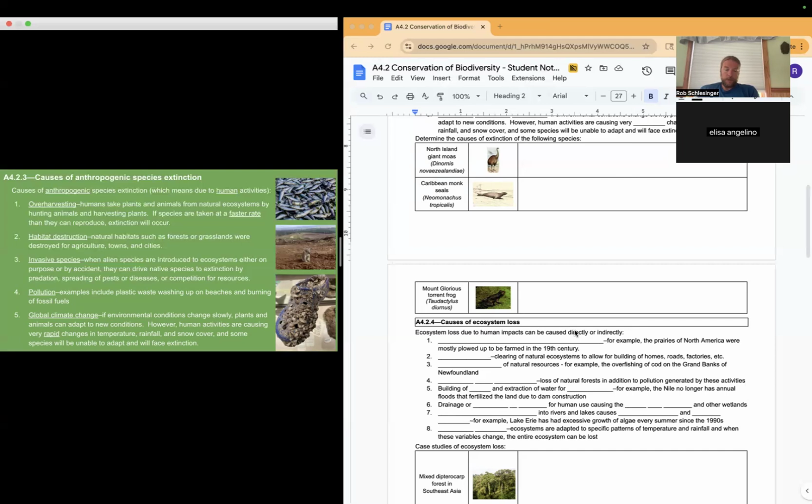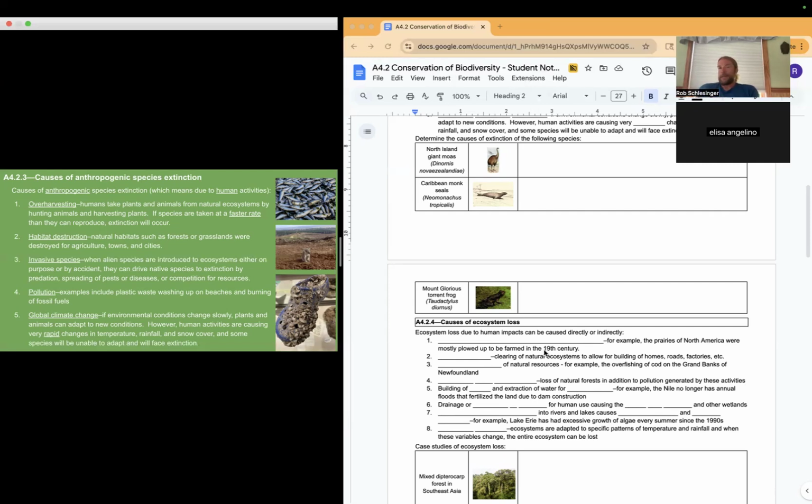Okay, I'll get on this slide, I think. And then the last thing that it provides for you is a couple of examples of animals that have become extinct due to people. You don't have to necessarily use these examples, but on a longer response question, you might be asked to provide an example.